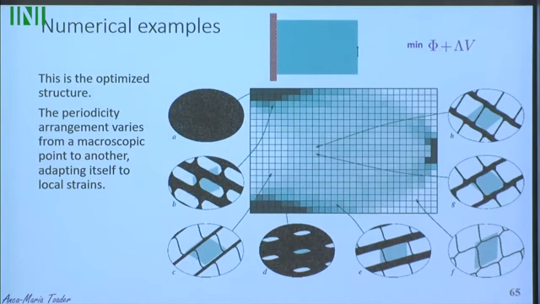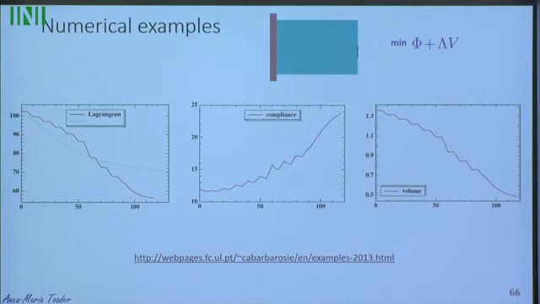We can see here some examples of what happens in each one of these points. And here is the history of the Lagrangian. In green is another computation without periodicity, and here in red is with periodicity.